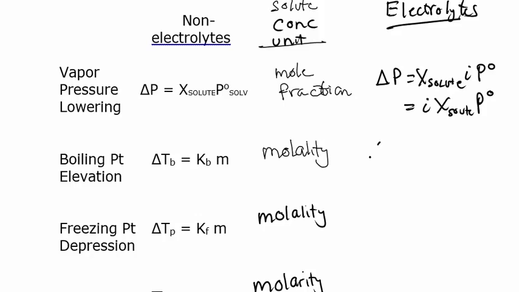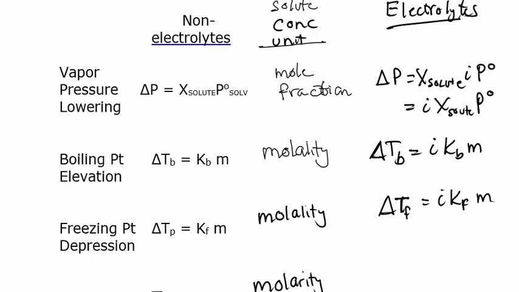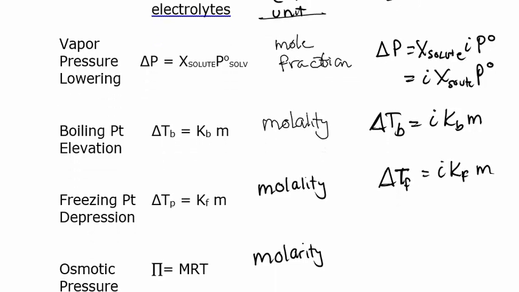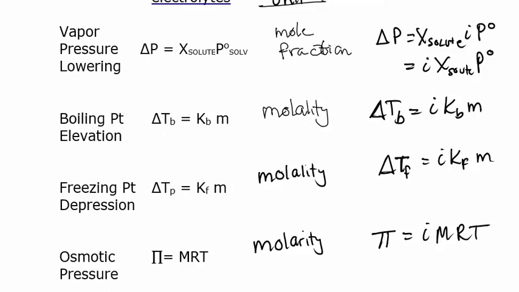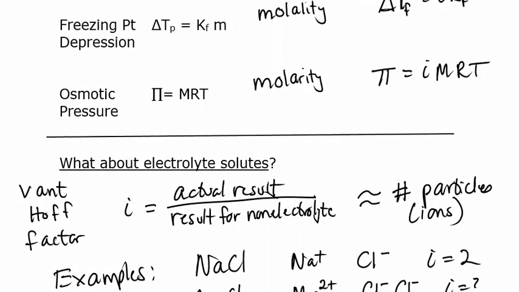For boiling point elevation, you simply put an i in the expression. Freezing point depression, put in an i. So they all are multiplied by this factor, which is approximately the number of ions in solution. And finally, osmotic pressure. So the expressions are exactly the same as non-electrolytes, but with an i in them.